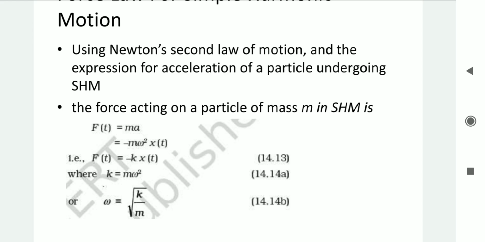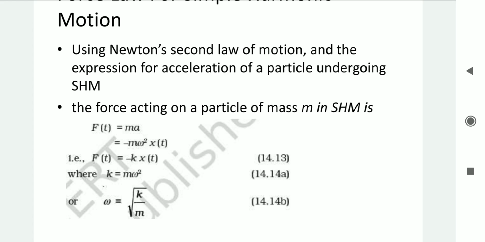Earlier we defined the displacement equation x of t equal to A cos omega t plus phi, and here the force equation is minus k x of t. To go from displacement to force, we differentiate the displacement equation two times and get the force equation.